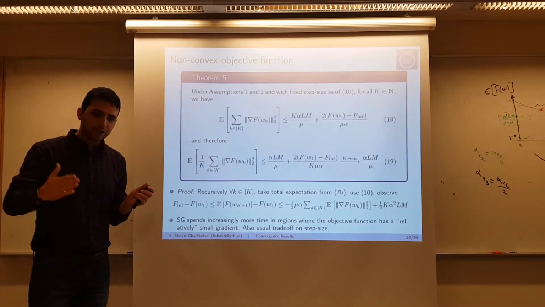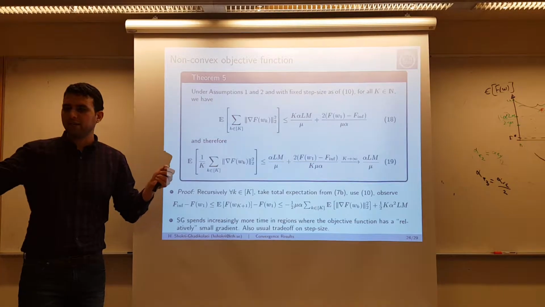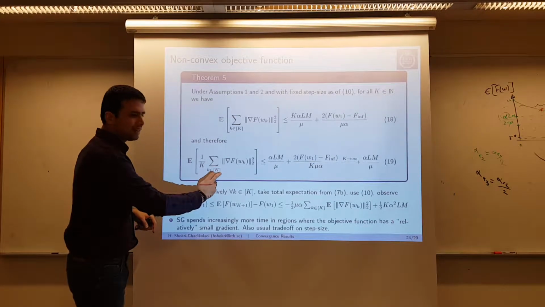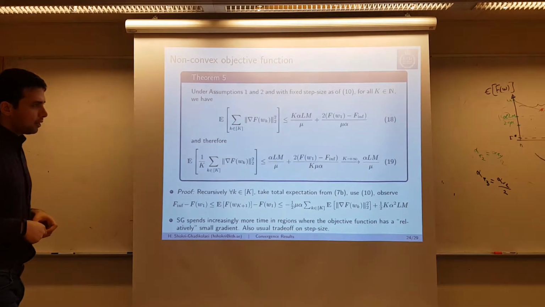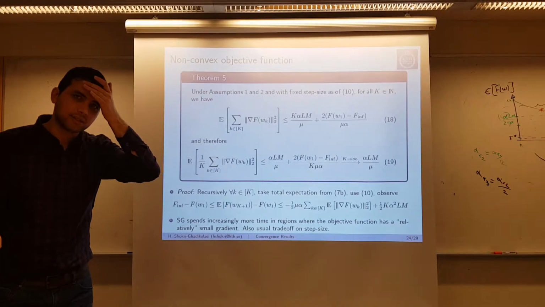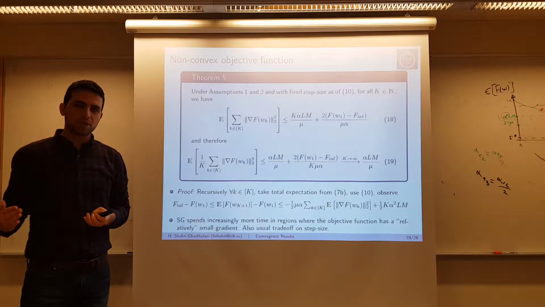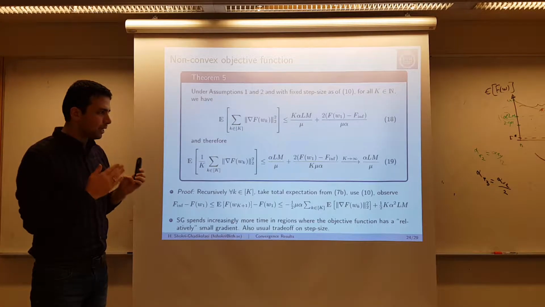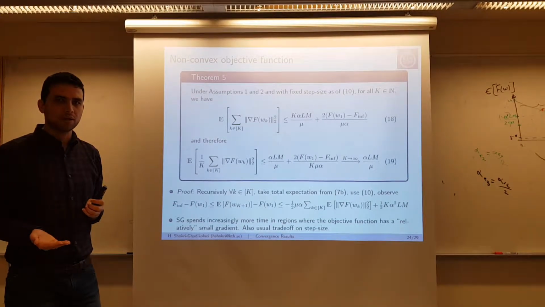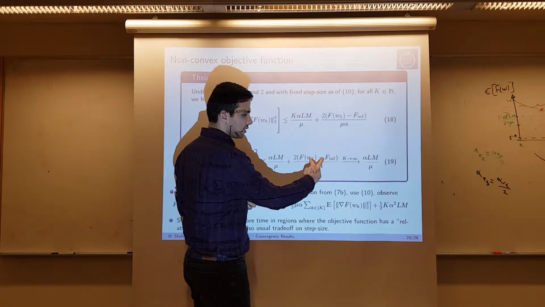Capital K is for the average of all the norms of the gradients evaluated over the first capital K iterations, and small k is per iteration, and this is the index set from 1 to capital K. So what it says is that, for the objective function, the gradients favor spending increasingly more time around spaces where the gradient has relatively smaller and smaller values. Why is that? Because you can show that this is a constant term, right?